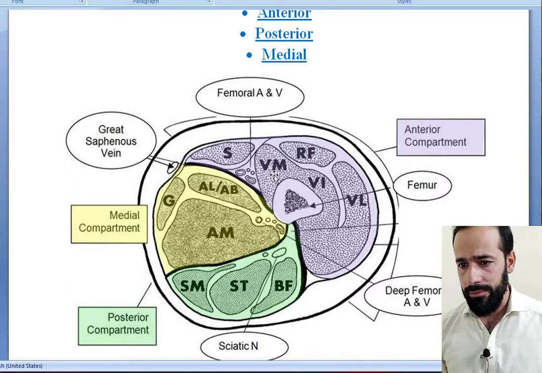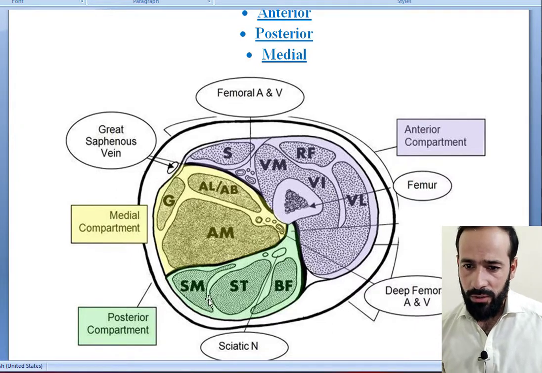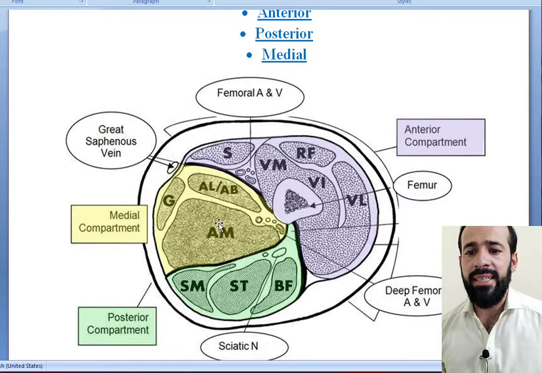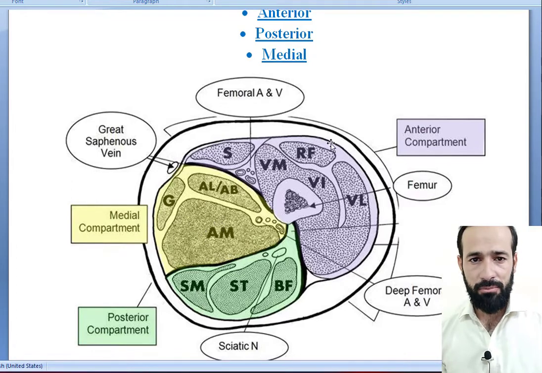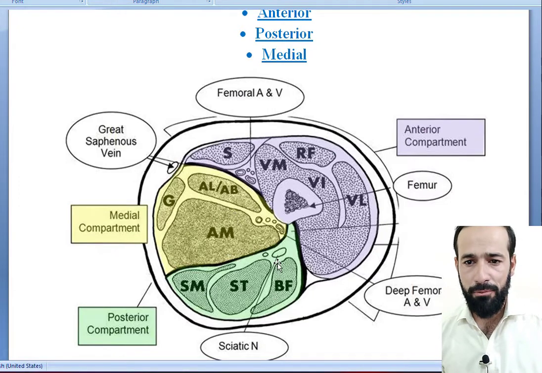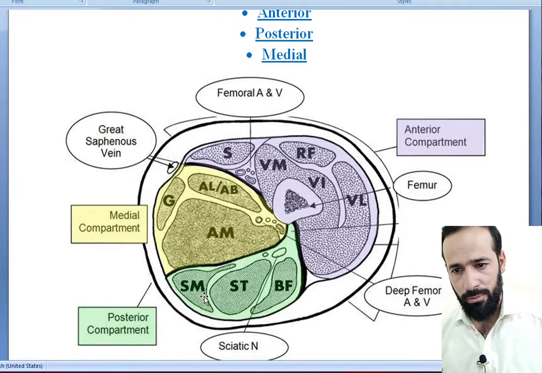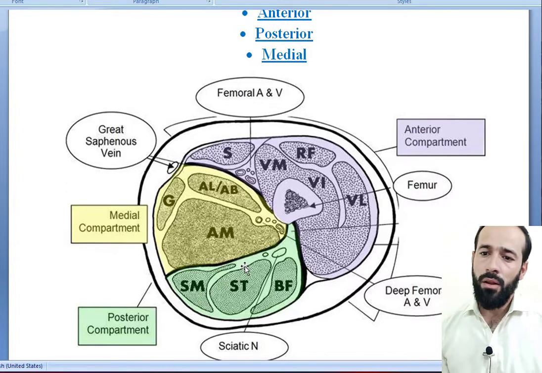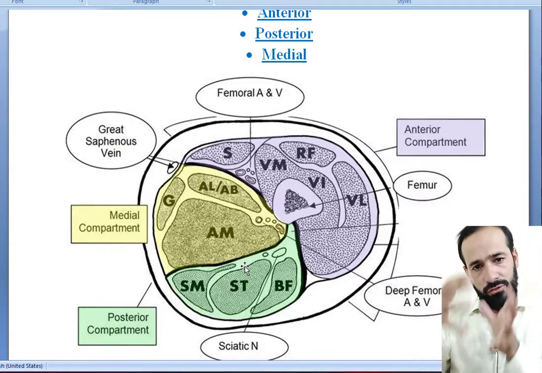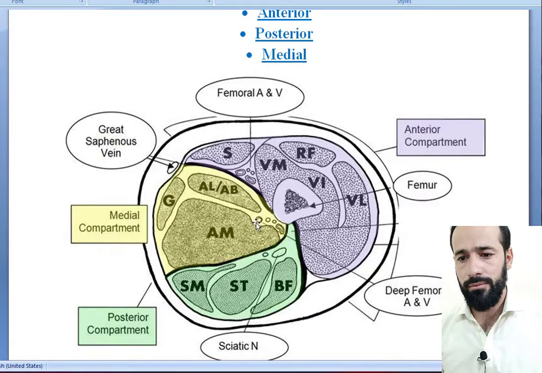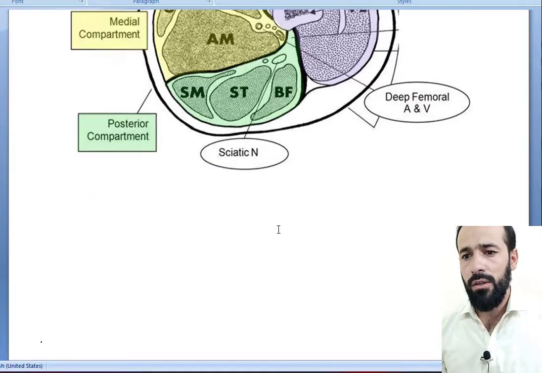This is the anterior compartment, if you follow the cursor. This is the posterior compartment, and this is the medial compartment. So anterior compartment, medial compartment, and posterior compartment. We will discuss the muscles in these three compartments, right? So let's go for it.